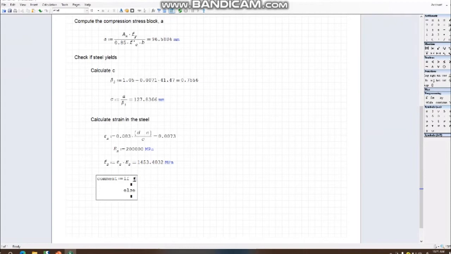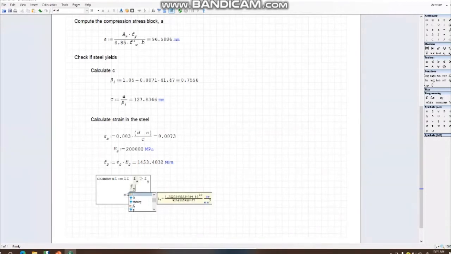Okay, if Fs is greater than or equal to Fy, then Fs is equal to Fy. Else, still less than.